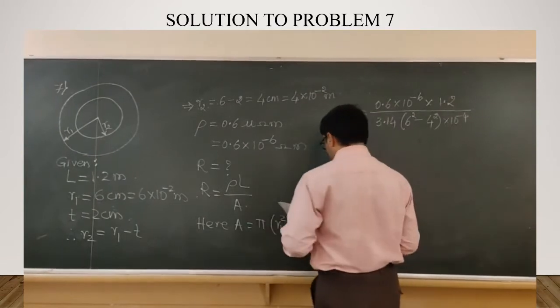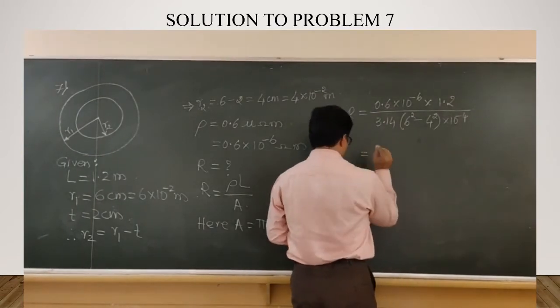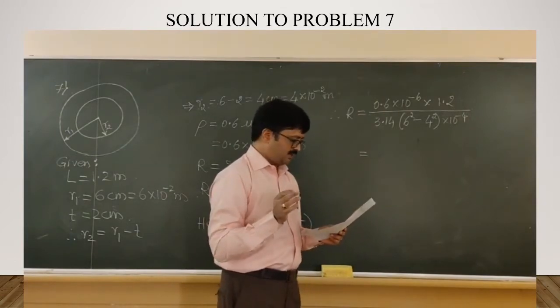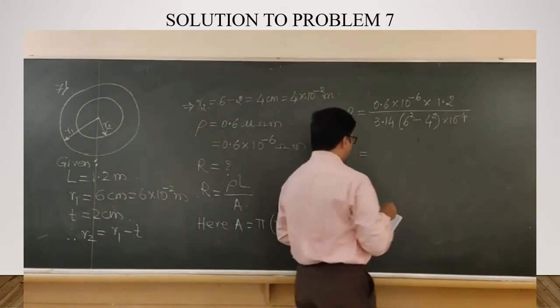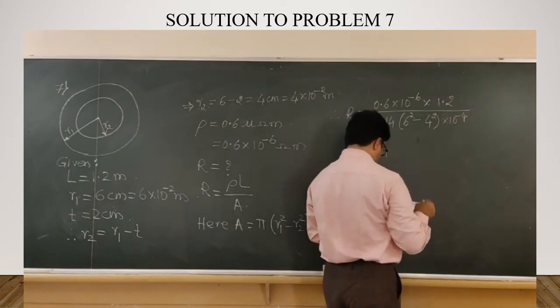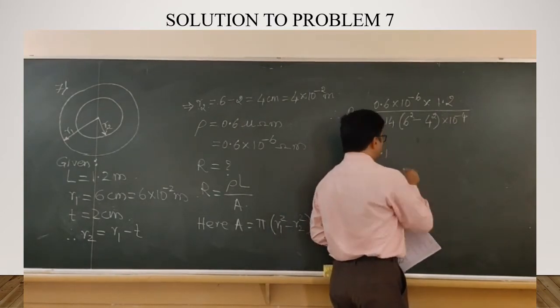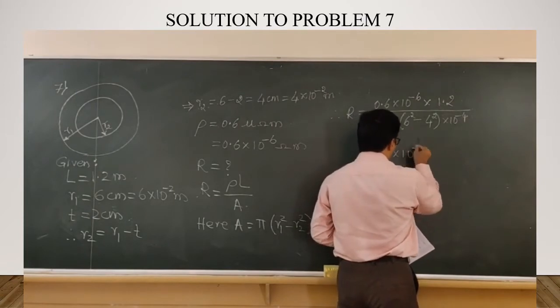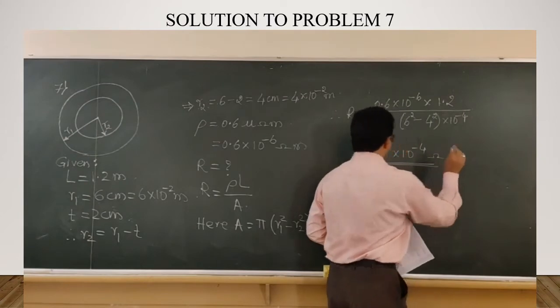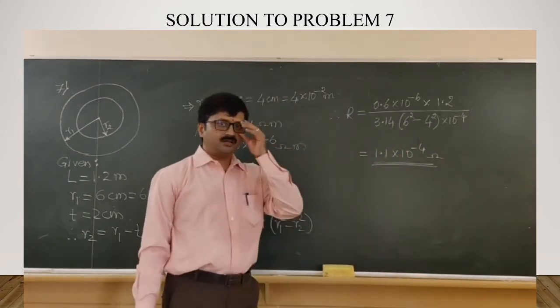Now I can very easily calculate all these things and find the value of resistance to be 1.1 into 10 raised to minus 4 ohm. This is the answer that we are expecting here.